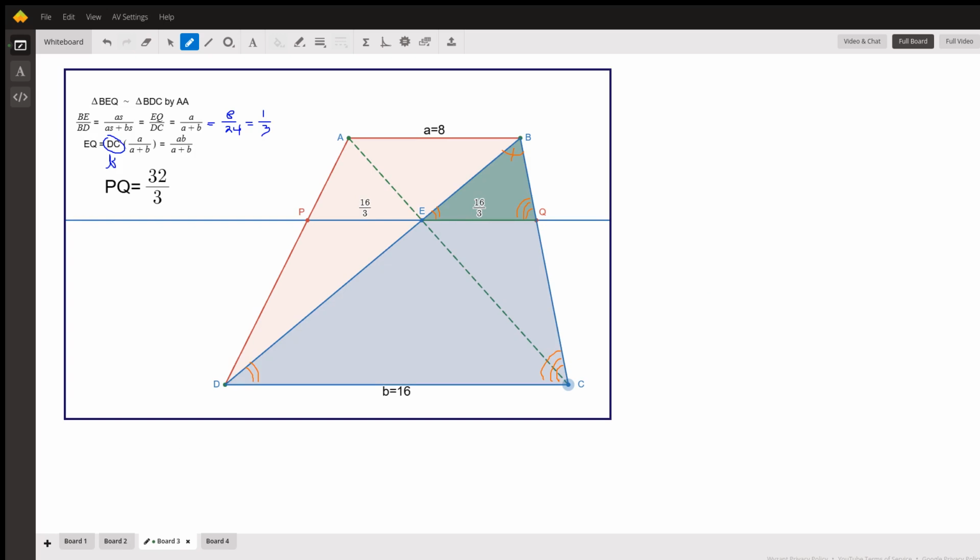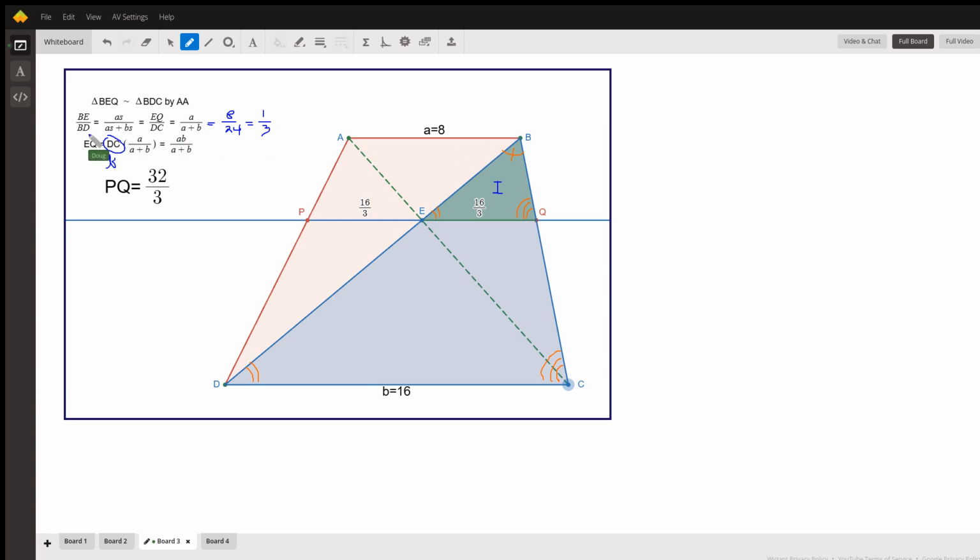Here's what that looks like. Now we're going to look at these two triangles on the left, this little one at the top, slightly green, and the big triangle. And they are similar, again, by angle. This time it's corresponding angles instead of alternate interior angles.